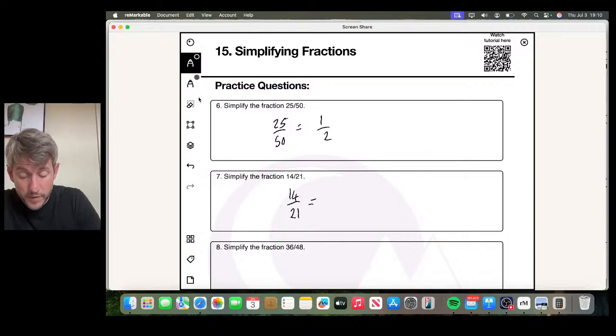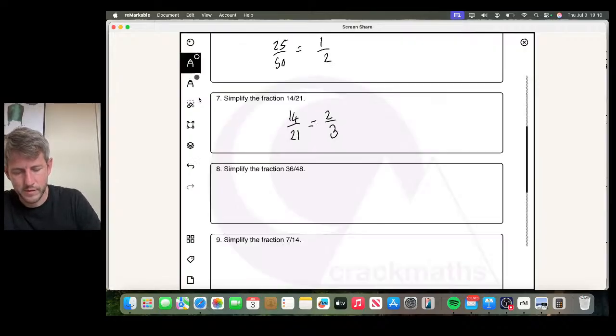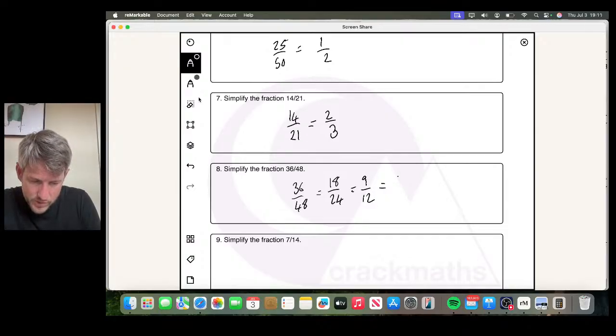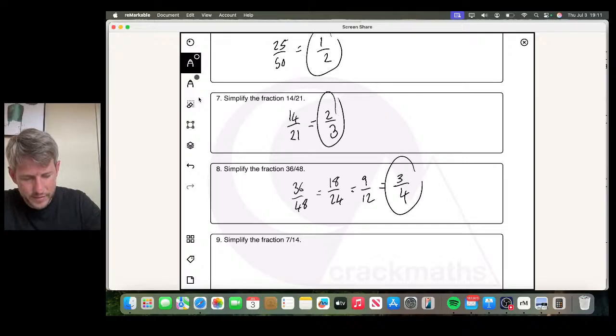They both divide by 7 to become 2 over 3. 36 over 48. Let's go 18 over 24. 9 over 12. Now they both divide by 3. So this will become 3 over 4. I think if I circle them, that's actually nicer for this one.